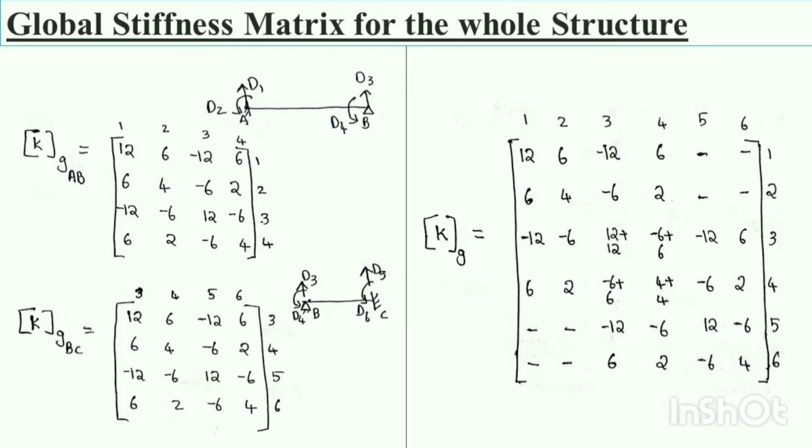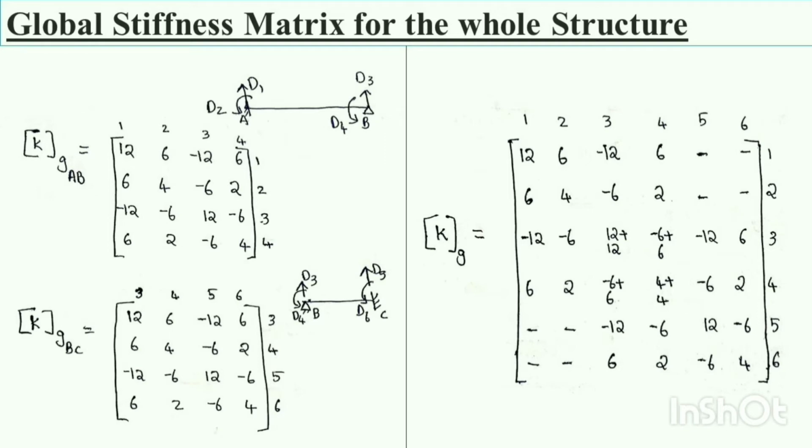Next we can find the global stiffness matrix for the whole structure. First KGAB, that is global stiffness matrix of AB, which is equal to local stiffness matrix of AB that we have derived earlier, which is the matrix as you see.